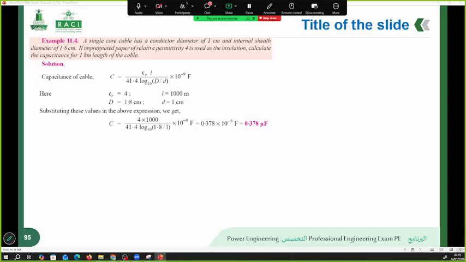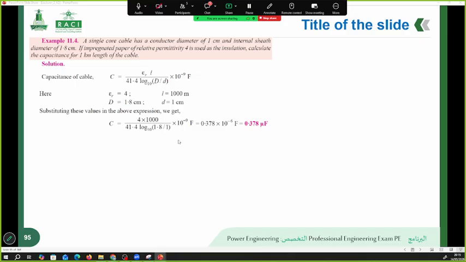By substituting the given values, epsilon r is equal to 4, cable length L is equal to 1000 meters, and the diameter ratio into the standard capacitance equation, the total capacitance can be calculated step by step using this equation.